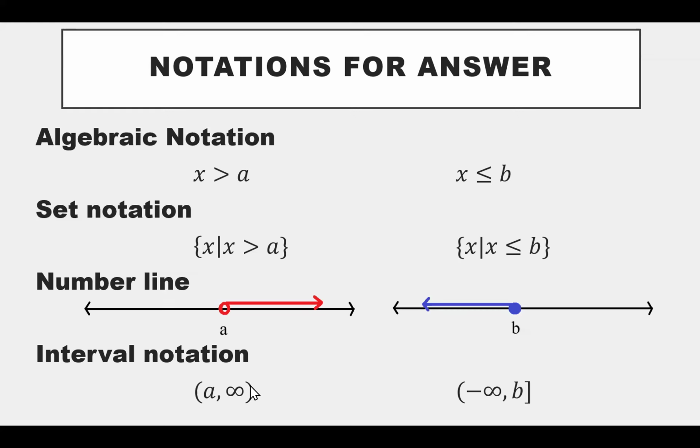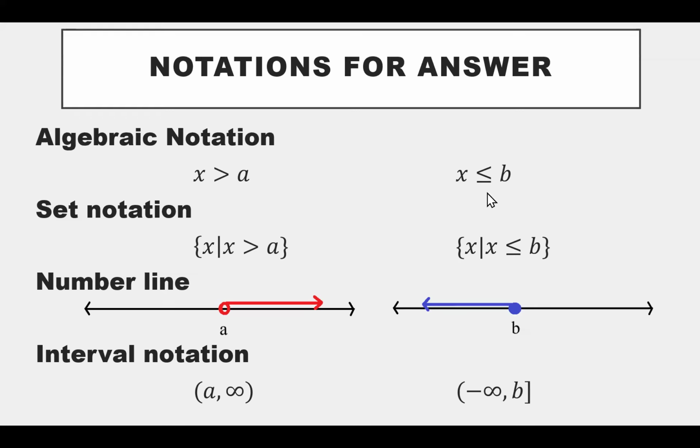Infinity is not a number, so it always gets a parentheses. Since x cannot be equal to a, or in my case it was 12, then we'd have a parentheses on that as well. When I don't have the equality symbol, I put a parentheses by the number.